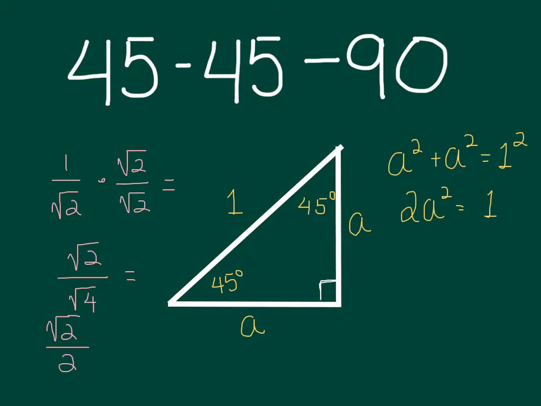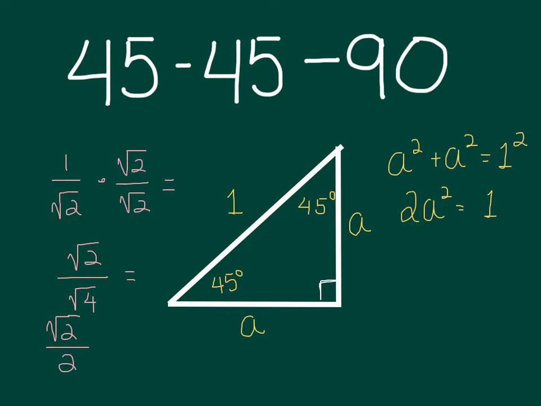So over here I've written out on the right my Pythagorean theorem, a squared plus b squared equals c squared. My hypotenuse is 1, so it's 1 squared. So if I have a squared plus a squared, well, that's just going to be 2a squared. And 1 squared is, of course, just 1. So I've rewritten it as 1.